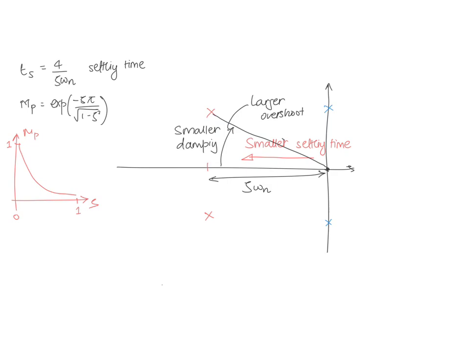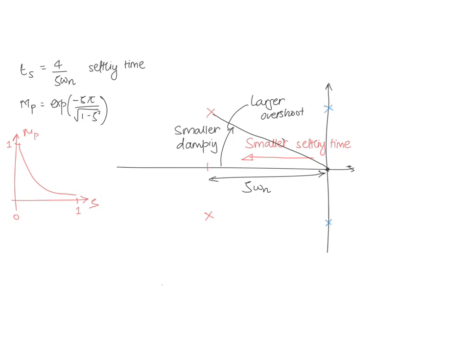So now you have zero damping, which means this black line went from here to here. So you have a large overshoot. In fact, that overshoot is 100%, because now you have eigenvalues on the imaginary axis, which means you're going to have constant oscillations.